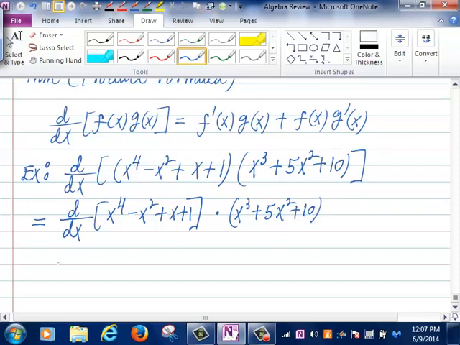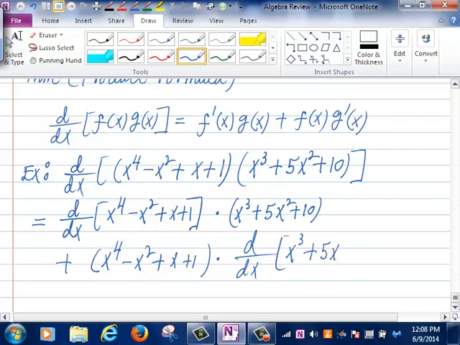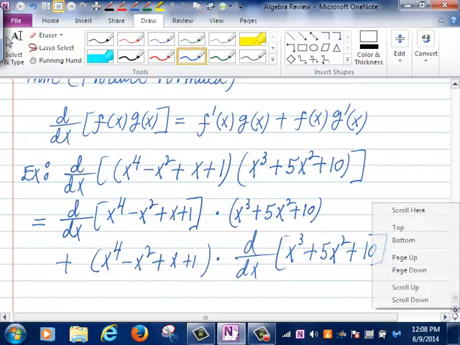And then plus, you do the opposite now, right? You take the first factor, x to the 4 minus x squared plus x plus 1, and you multiply that by the derivative of the second factor, x cubed plus 5x squared plus 10. Everybody sees what I did?